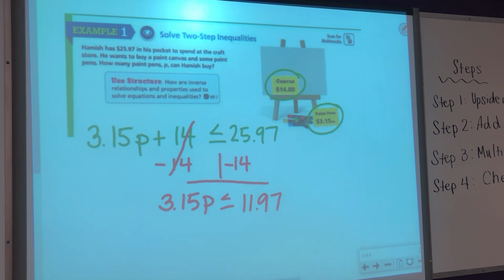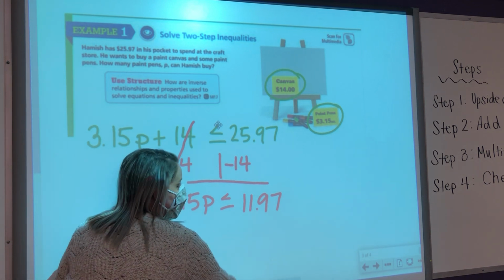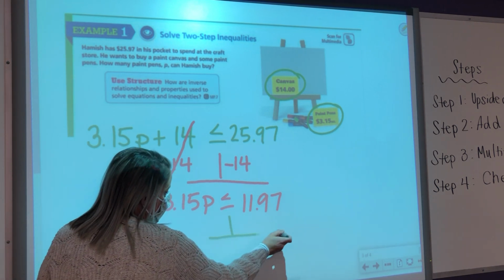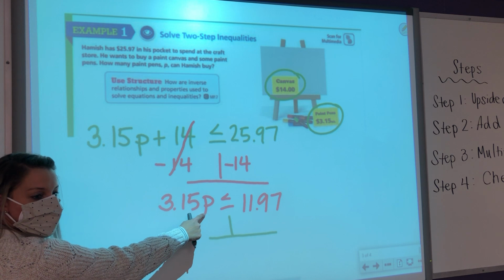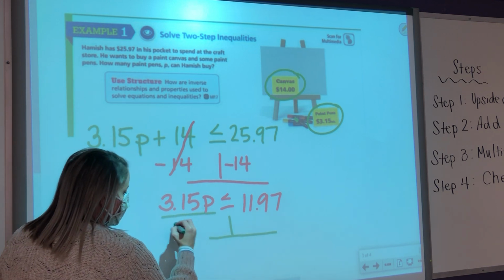How am I going to figure out how many paint pens I can buy? You have to divide by 3.15. Very good. So again, because P is not by itself, I have to do another upside down T. 3.15 is being multiplied by P, so I need to divide it.